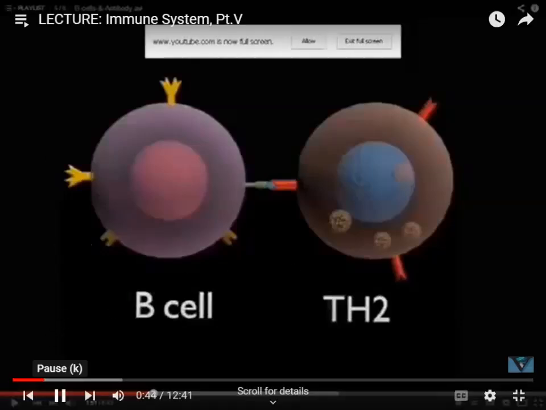It's just acting like a presenting cell. So it's our B cell. Here's the cell surface protein that's got receptors, you could say. And this is the part that's making it act like an APC because it digested this bacteria, whatever it might be, and it's presenting it to the T helper cell. So we're going to see the T helper bind to it, and it's going to activate itself.